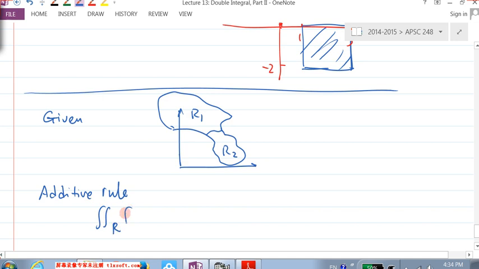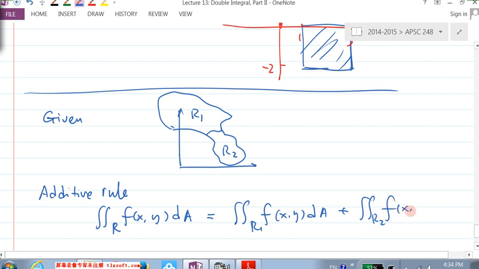If your R is separated into multiple sections, then you need to integrate separately and then add them together. Okay, that's the additive rule. So I'll give you an example showing how we do this additive rule. How do we properly separate this region R into 2 sections or 3 sections?